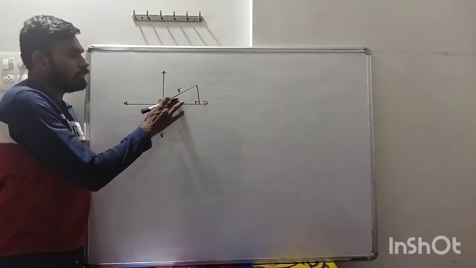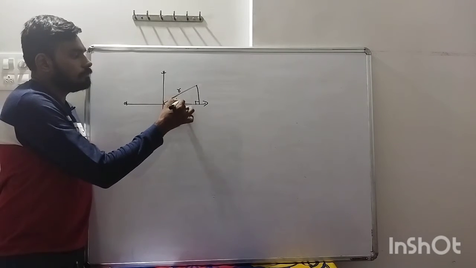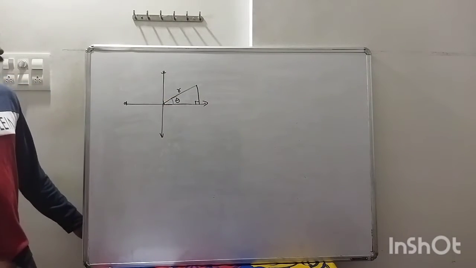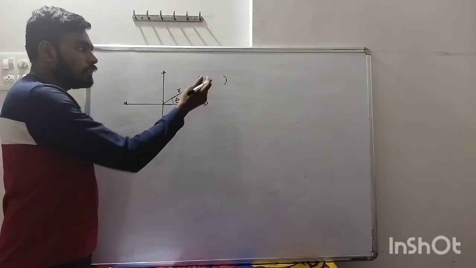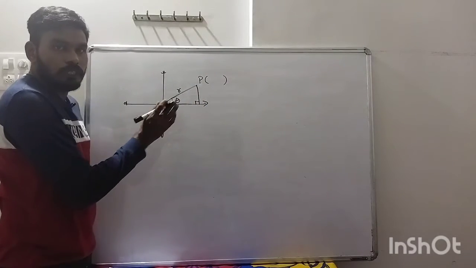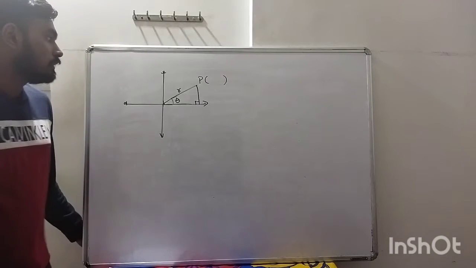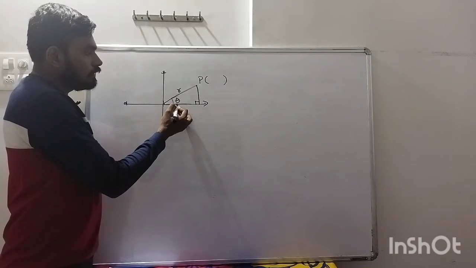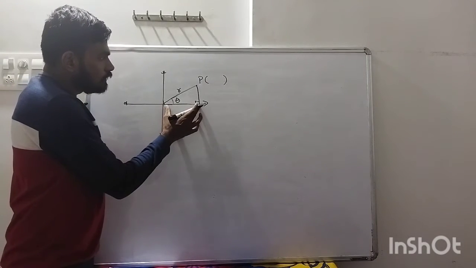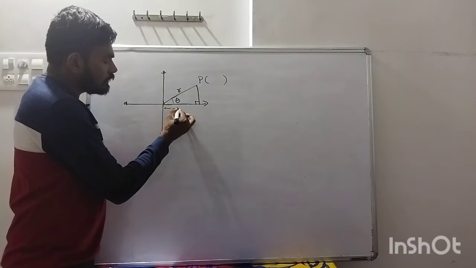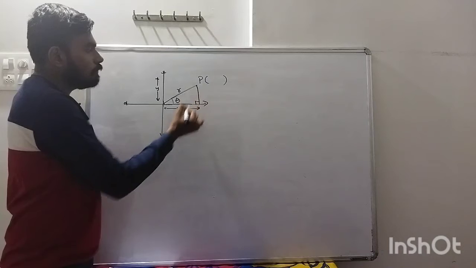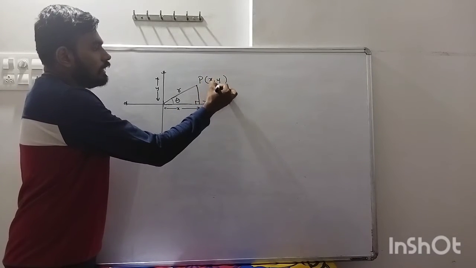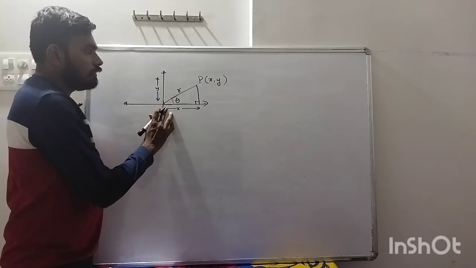In general, if this angle is theta, you have to see this point. If it is in the positive direction, take positive; if negative, take negative. If this distance is x and this distance is y, the point becomes (x, y).